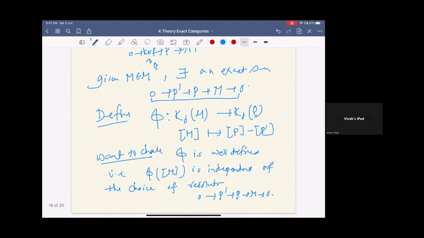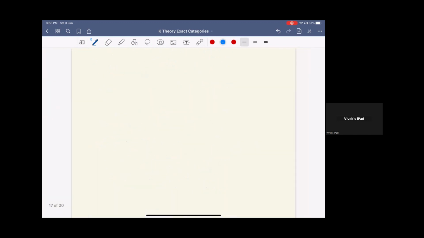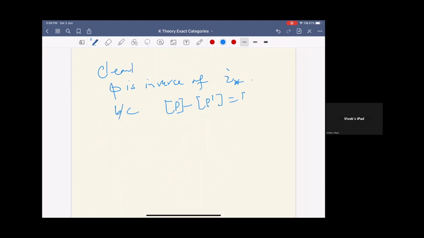Otherwise, it's clear that phi is actually the inverse of I star, right? Clearly, phi is inverse of I star because P minus P prime is always M in K0 of M. Because of this relation, whenever you have a short exact sequence, that always actually splits.